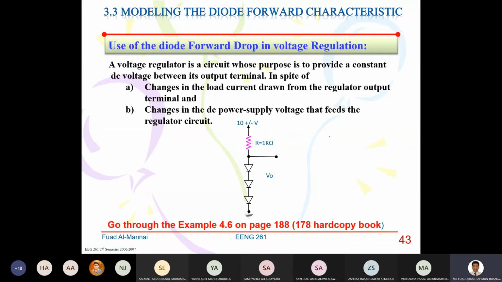Let's do this again. Suppose I have a voltage supply, say VCC, equal to 10 volts. Everybody see that?